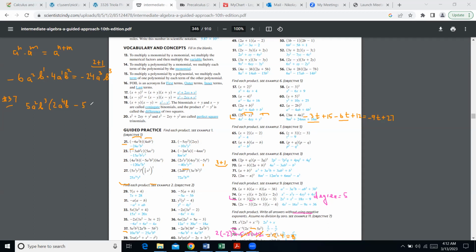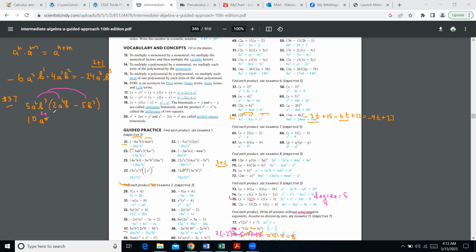So I'm going to have to distribute over these parentheses my first term and then the next one. So when I multiply those, I get a 10. 2 times 5 is 10. And then a will be raised to the power of 2 plus 4, right? To the power of a, I got 6, because again, we have added 2 and 4.